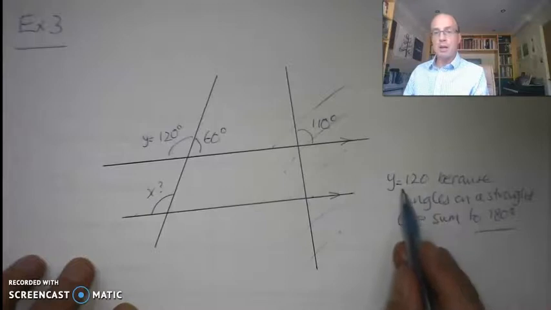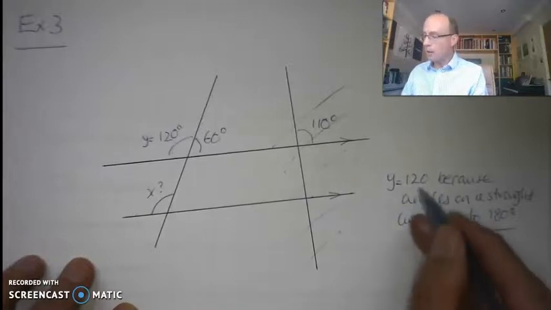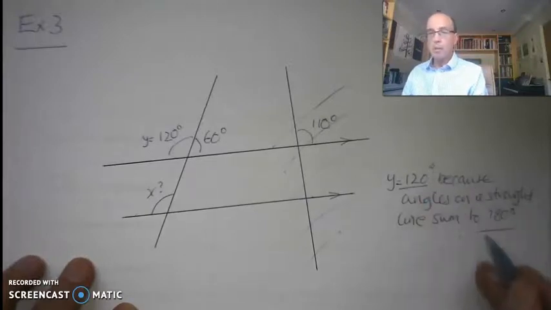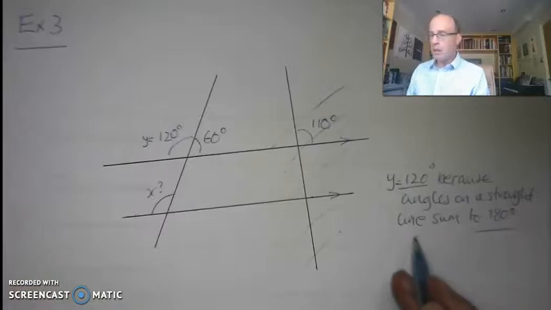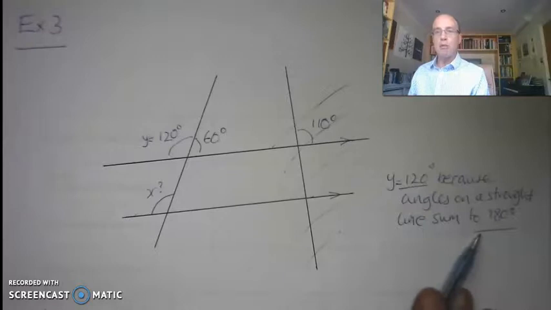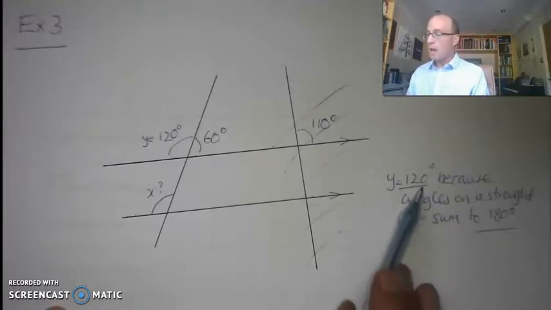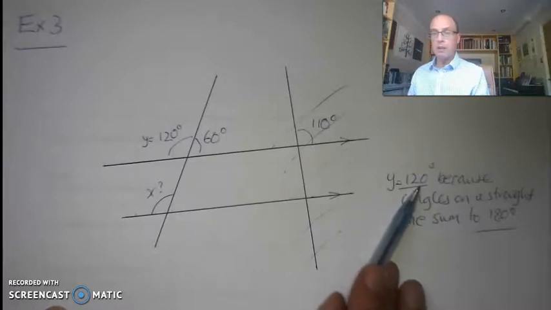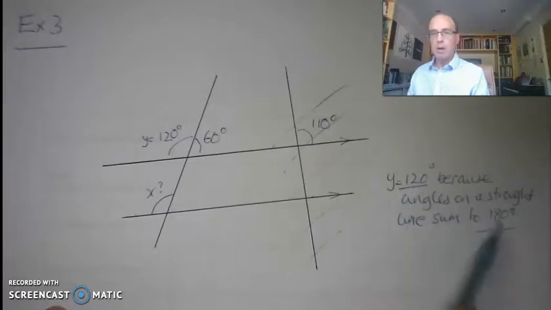So I've got my numerical answer down, and I've got my angle fact. If you're lucky in an exam, you'll get a mark for the 120 and you'll get a mark for the angle fact. Sometimes the questions are a little bit harsher and you get nothing for the 120. You only get the single mark if you've both got the number and your full angle fact written down.